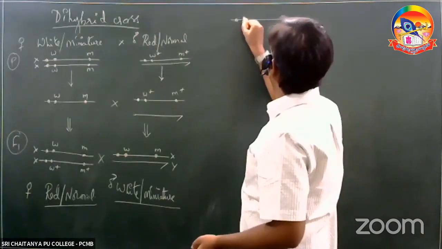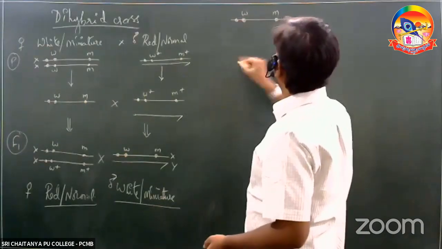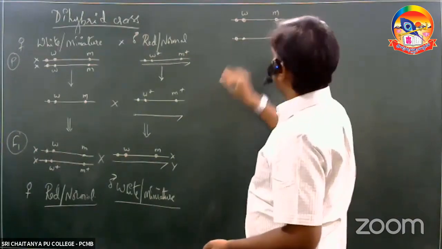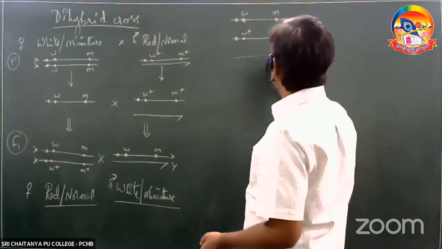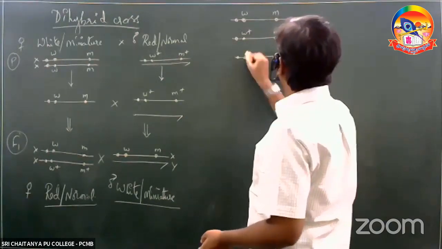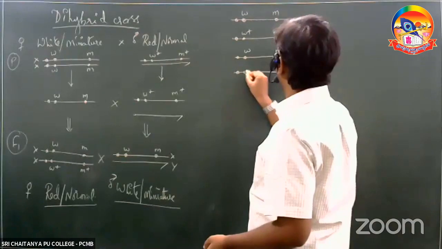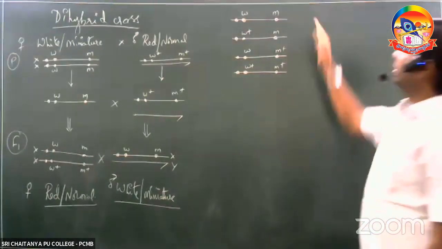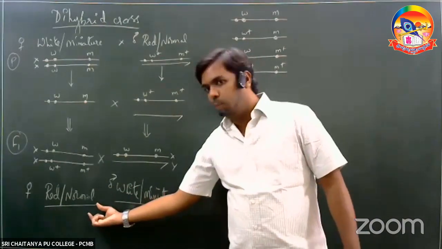The first gamete containing the X chromosome would have W and M. The second gamete, we are talking about the female gamete, would have W plus and M. The third gamete would have W and M plus, and the fourth gamete would have W plus M plus.